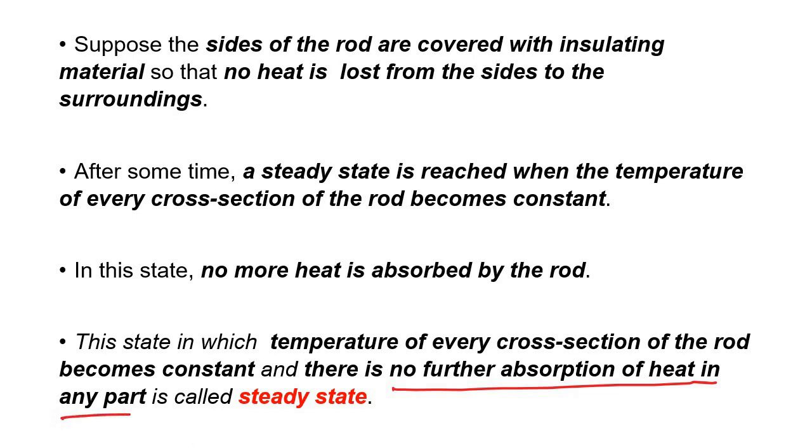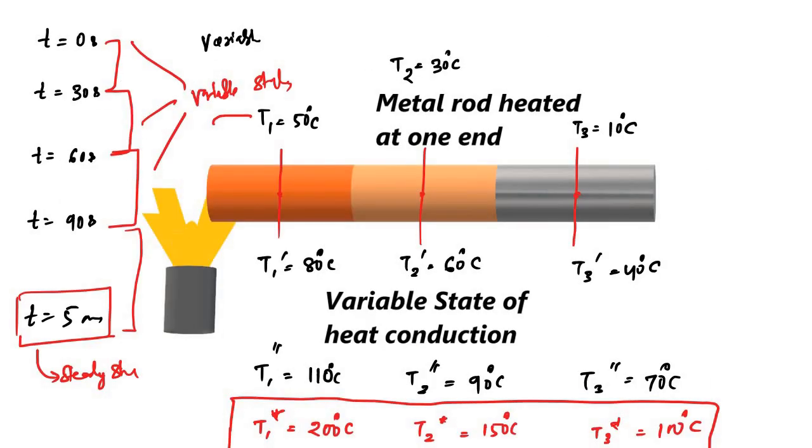That will not happen. So here understand, in the initial state, the temperature difference between 1 and 2 was 20 and this was 20. Like this, the temperature difference was there.